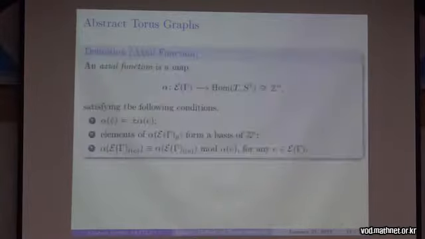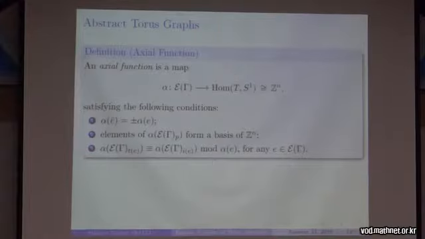And then we define what's called an axial function, which is a map from the set of oriented edges to the irreducible complex representations of the torus that satisfies three conditions. Okay, so the first is just you get a plus or minus sign if you change the orientation of the edge. Around each vertex, the labels on the edges form a basis of the integers.